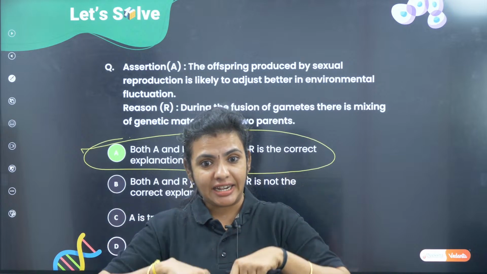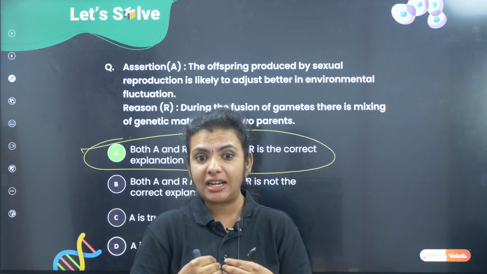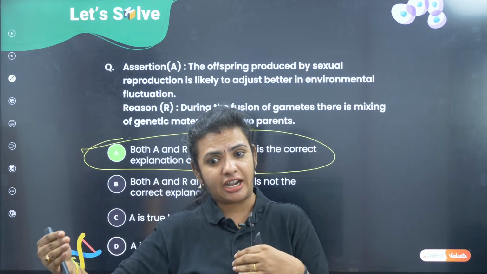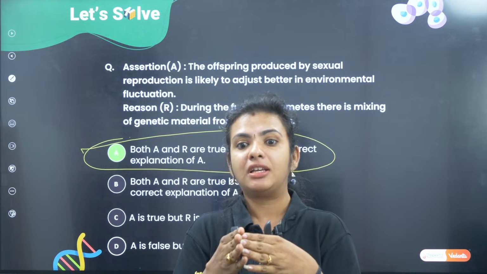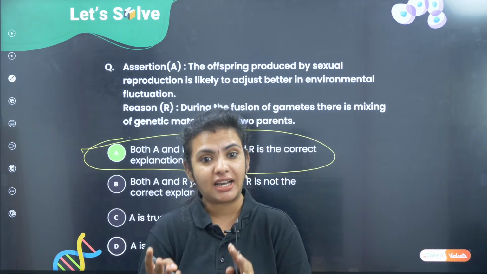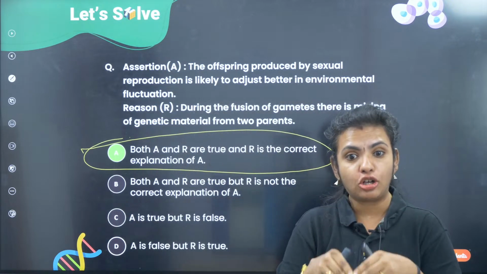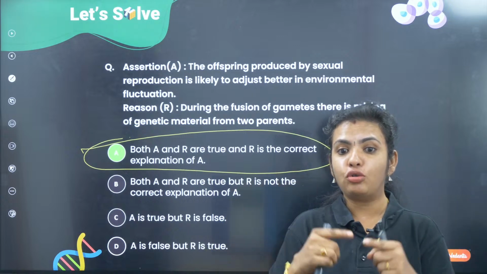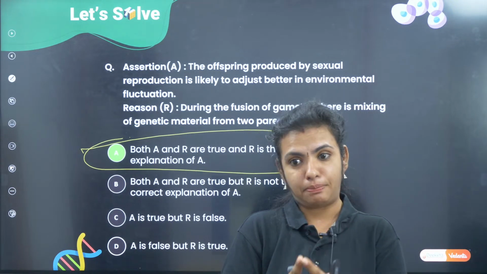So the child born there will be a mix of both. So the child may neither be scared or be brave. It will be somewhere in between. Correct. So the child is able to adjust better to that particular environmental condition because there is a fusion of material between the two parents.